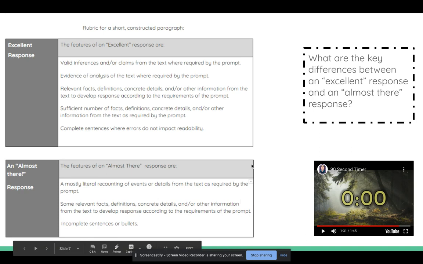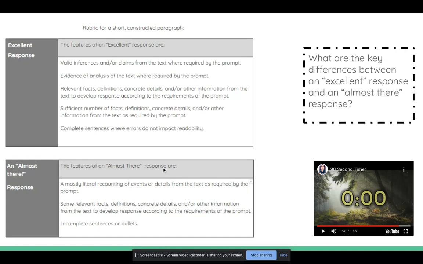All right, time is up. One of the things that I wanted to point out as a really important difference between an almost there response and an excellent response is the fact that an almost there response is just summarizing the text. In other words, it's just saying the text says this stuff. An excellent response has your thinking. It's about your argument.